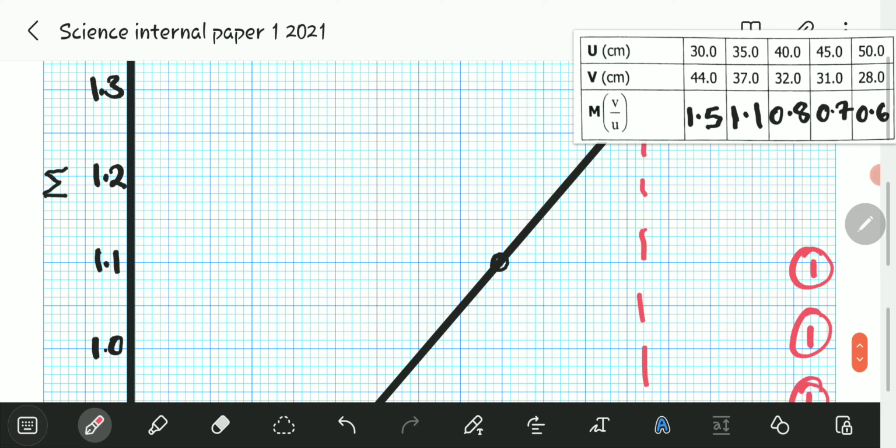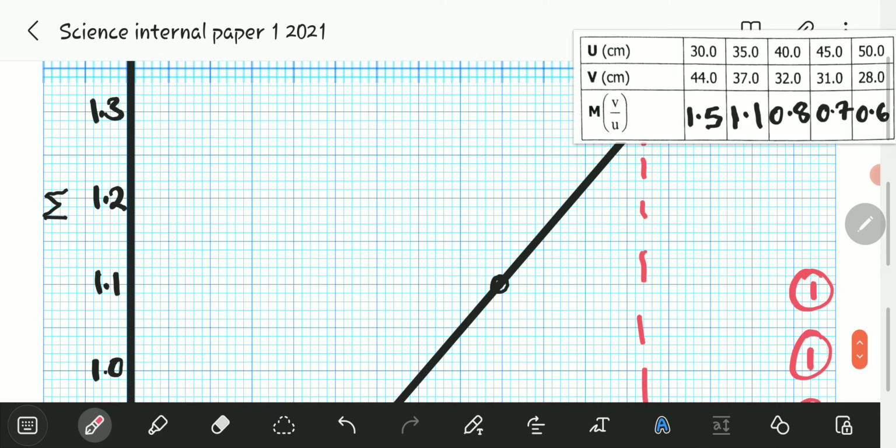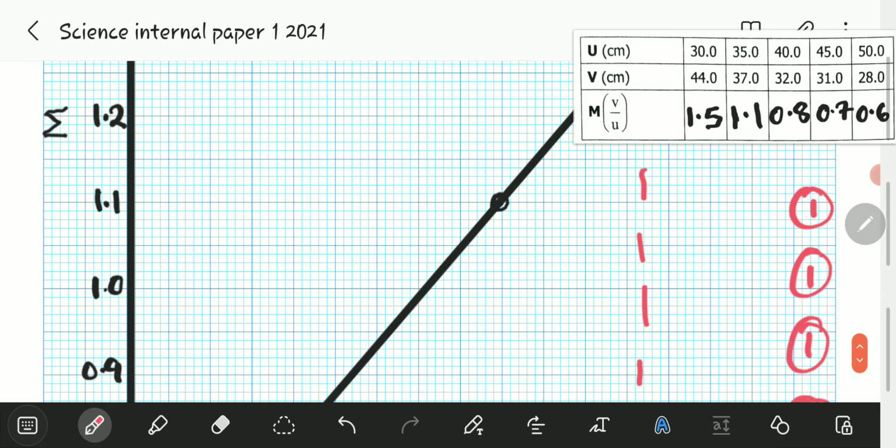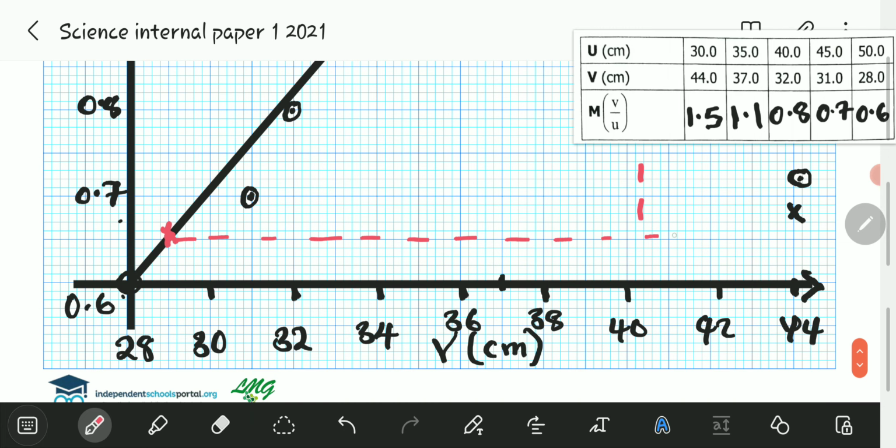Now I'll do all my calculations right here on the graph. Here I have this as the value, and here I have this as the value.